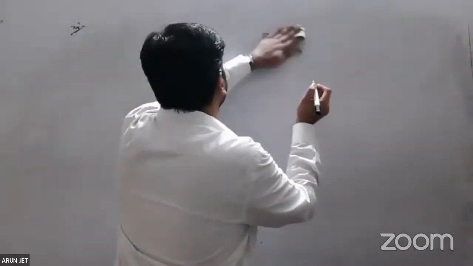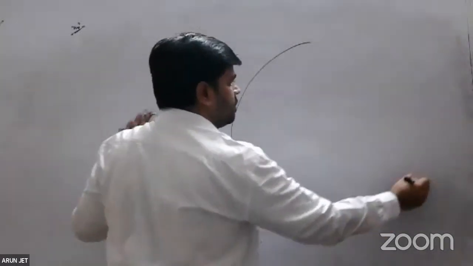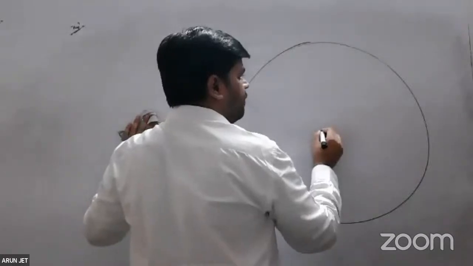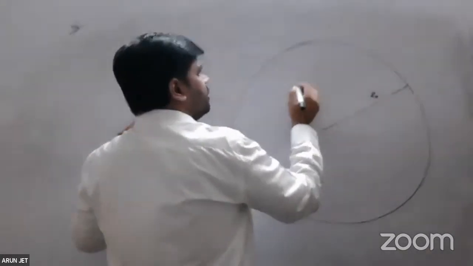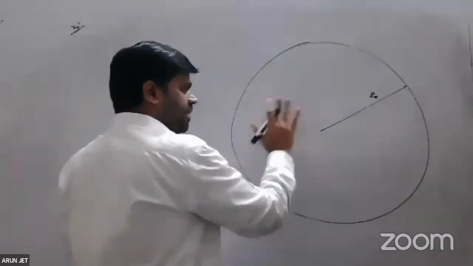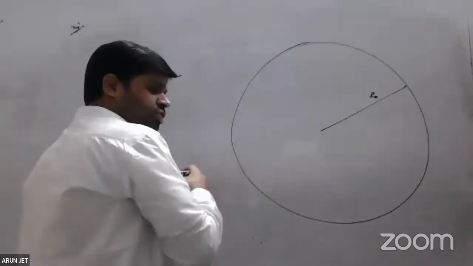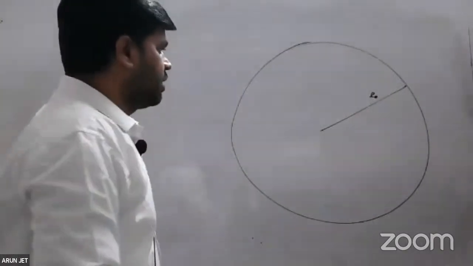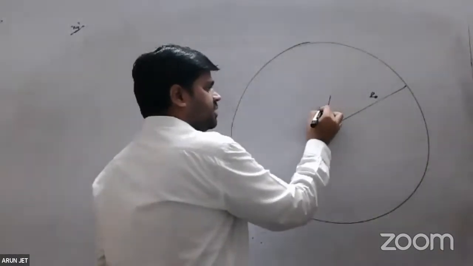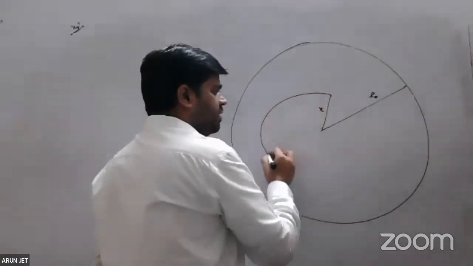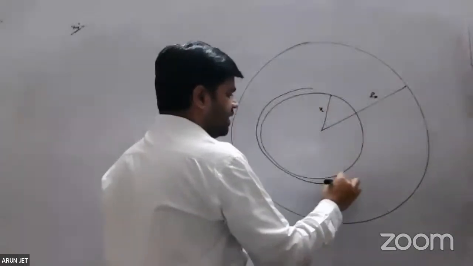I've got a circle of radius r naught, and it's a planar figure. Now I need to find the area of the circle. So what I do, I take concentric rings at a distance x. I take a concentric ring of small width dx.